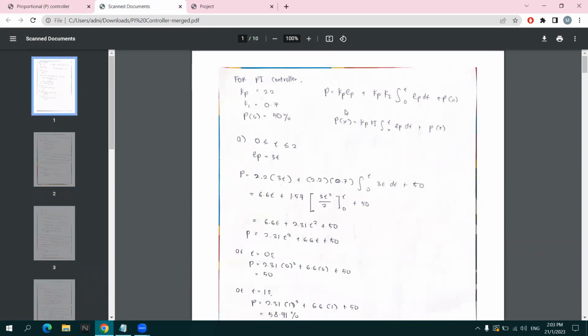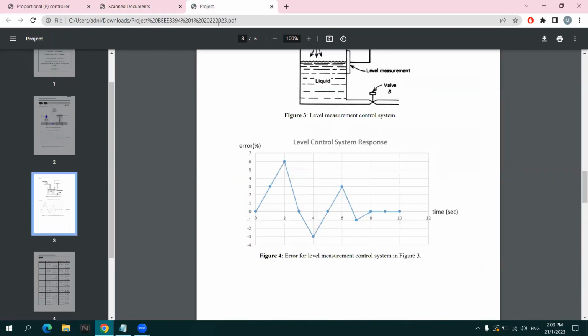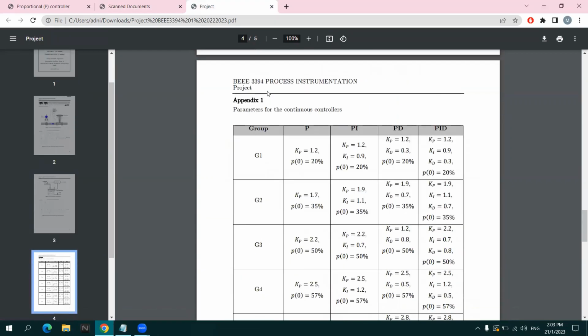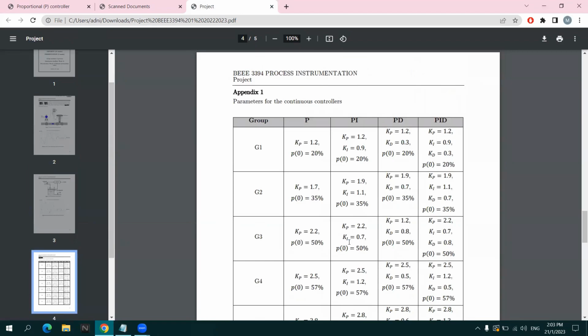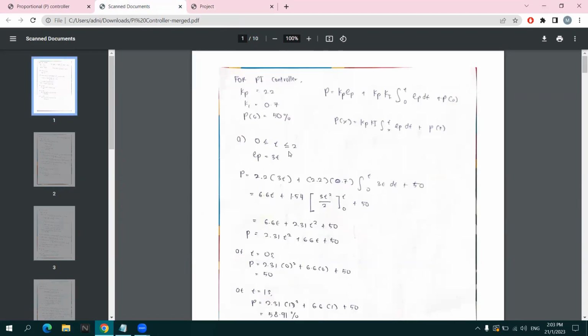Okay, so based on the requirement given, which I already showed earlier, here is our requirement, which is KP equals 2.2, KI equals 0.7, P output equals 50%.